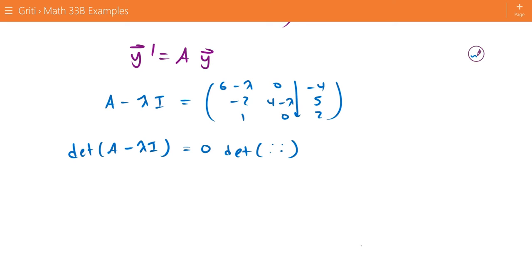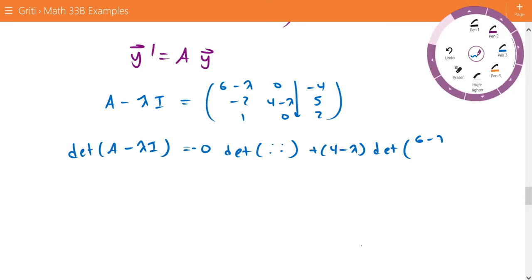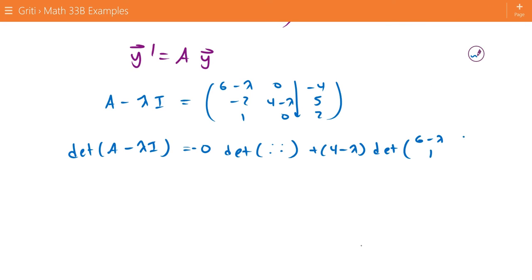Doesn't really matter what that is because it's times 0. And then plus 4 minus lambda times its associated submatrix, which is 6 minus lambda, 1, negative 4, and 2 minus lambda. Sorry, this should be minus lambda here.